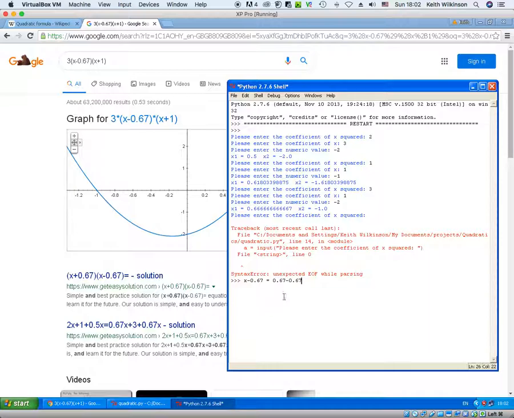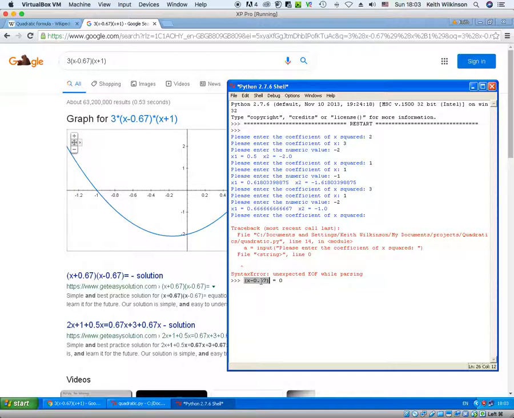So this would equate to 0, and then I've got my second factor. So that's how to write the two factors that we've got. So I've got x minus 0.67 and x plus 1. We've just seen how we got those as factors.